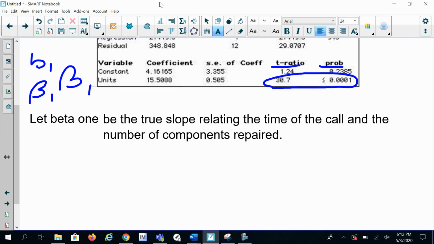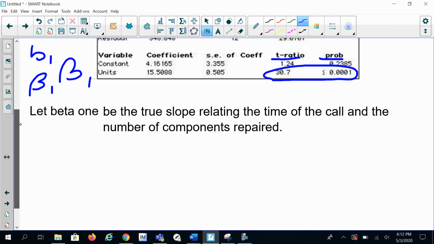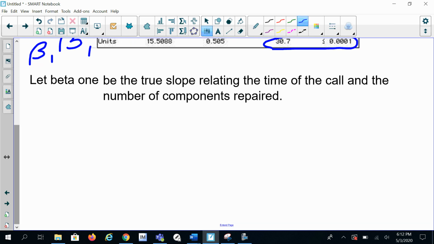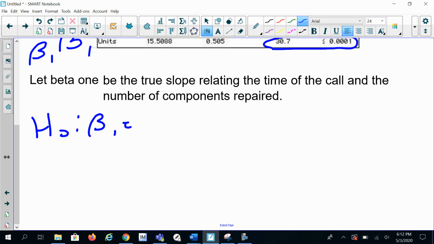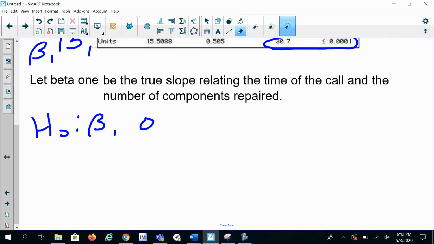Step 1. Step 2 is H0 and HA. This is going to be super easy for you because H0 and HA is never going to change. We're always going to do two-sided tests here because that's what the output almost always does. So H0 is going to be beta 1 equals 0. We're always going to assume that there is no relationship.